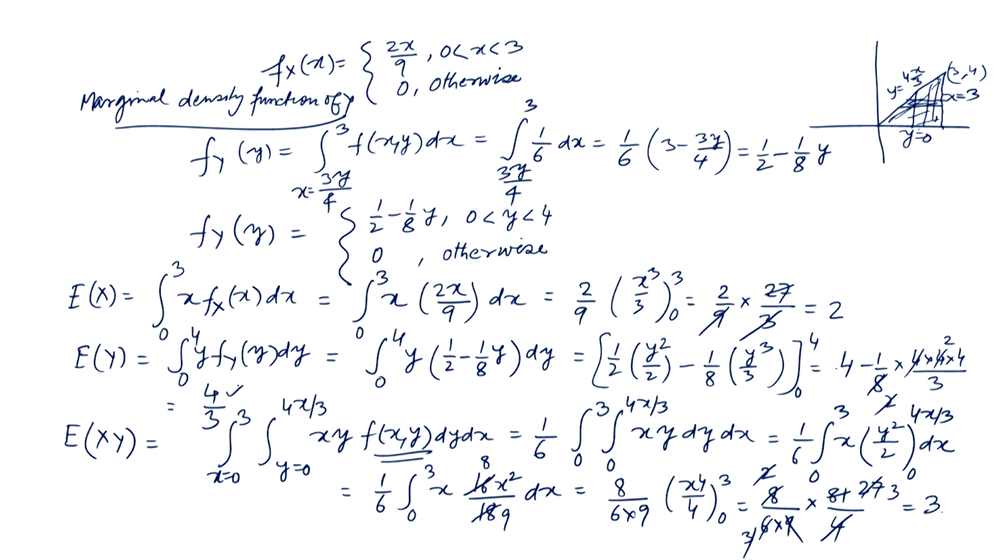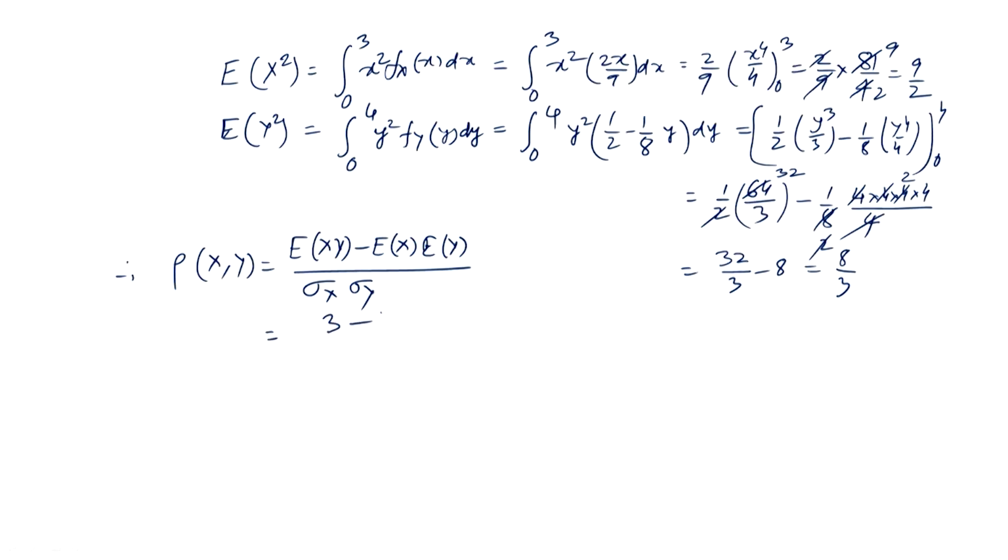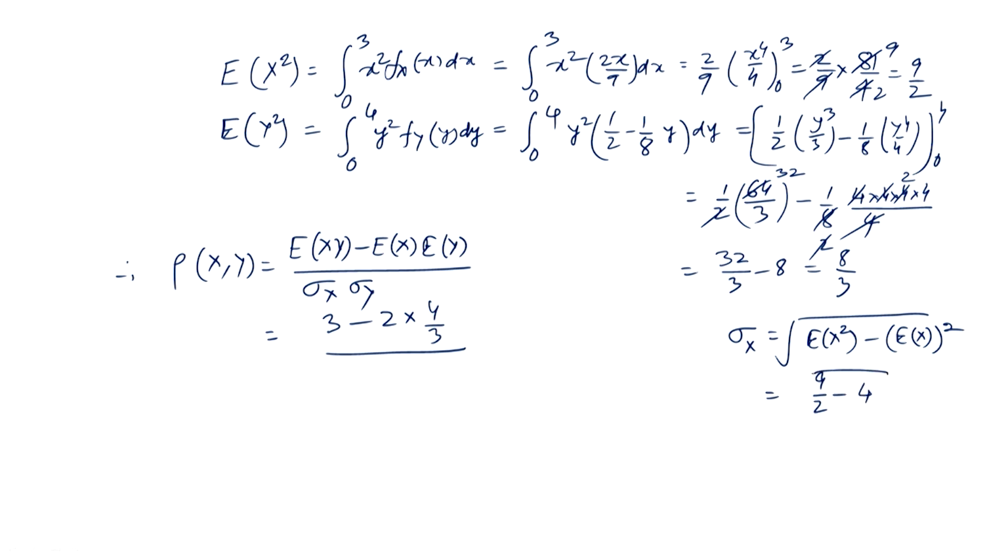So, 3 minus 2 into 4 by 3, divided by sigma x. Sigma x equal to square root of E[x square] minus E[x] whole square. E[x square] we found is equal to 9 by 2 and E[x] we found to be equal to 2. So, 2 square is 4. So, we get this is 1 by 2.